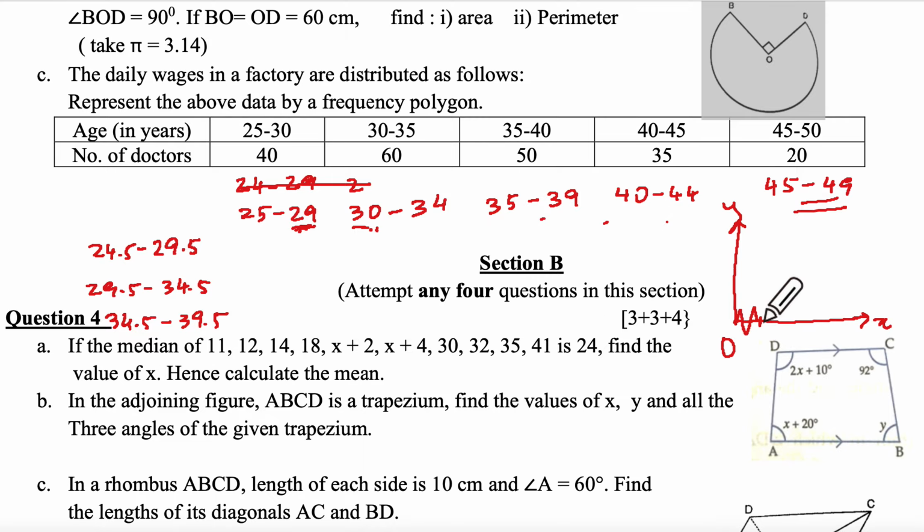So I'll take this as 19.5, and the next one will be 24.5. Write the numbers this way, not horizontally, because you may not be able to fit them, okay?